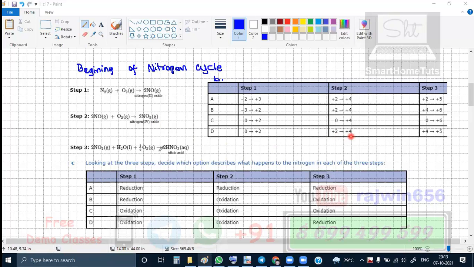And then finally in HNO3, the oxidation number is +5. So for this part, the answer is going to be D. Then 0 is becoming +2, then +2 is becoming +4, and +4 is becoming +5. All 3 steps are oxidation, so therefore this option is going to be C.